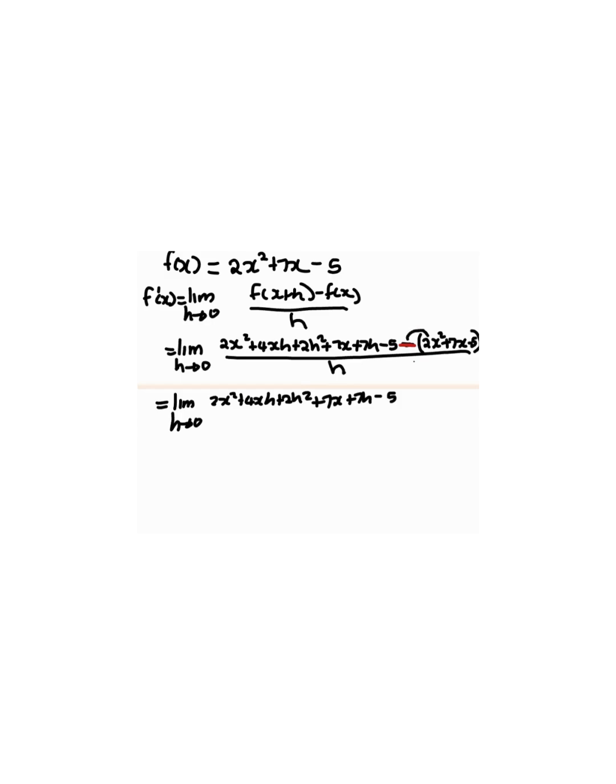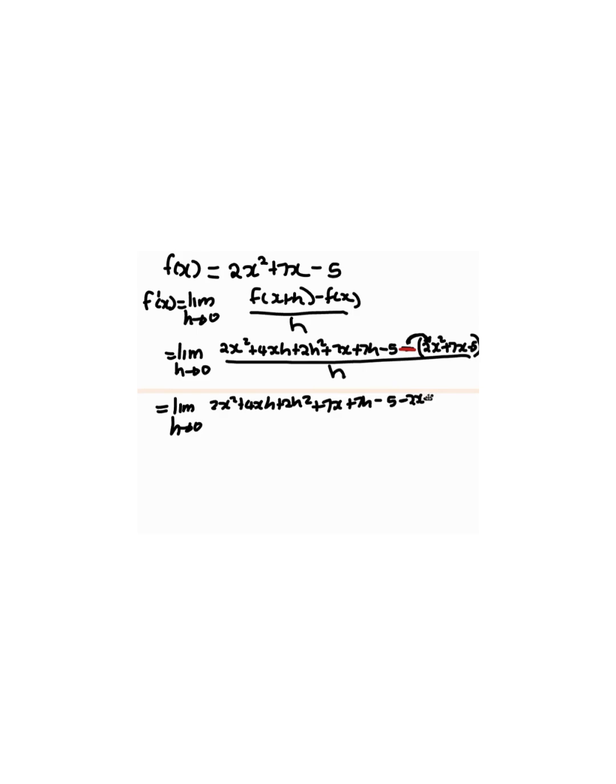Negative times 2x squared, it's negative 2x squared, sorry, there must be an exponent 2 there. I'm just gonna bring it down here. Negative 2x squared. Negative times 7x, it's negative 7x. Negative times negative 5 is positive 5. You see the importance of that minus over there.